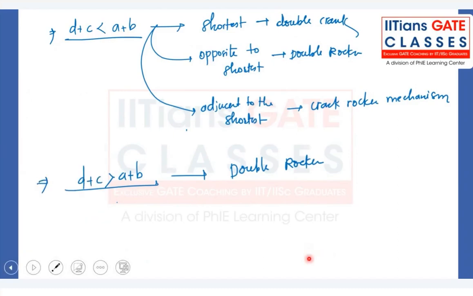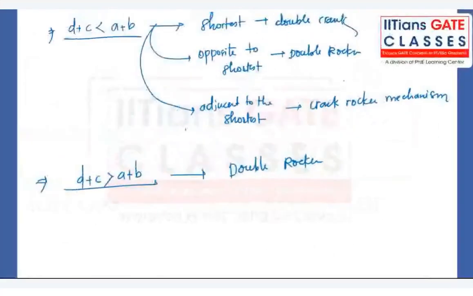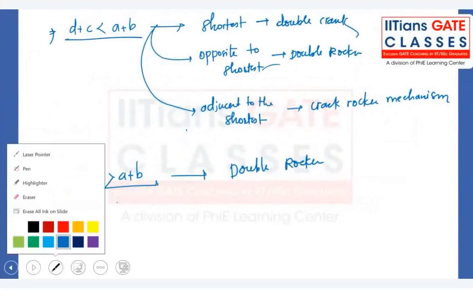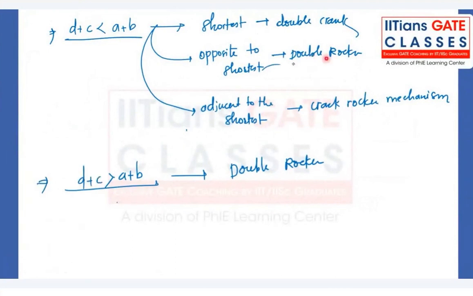If the link opposite to the shortest link is fixed, then we have the double rocker mechanism, and if an adjacent link is fixed, a crank rocker mechanism.